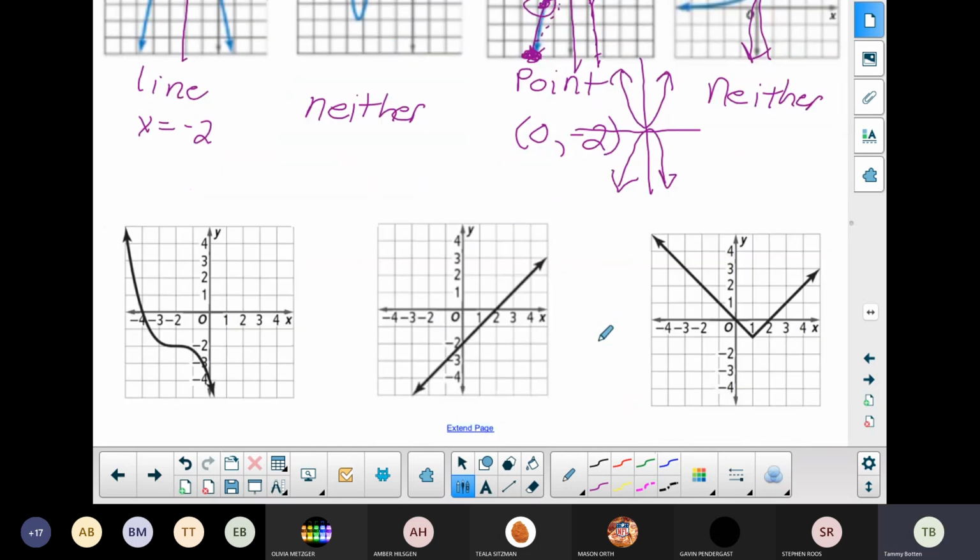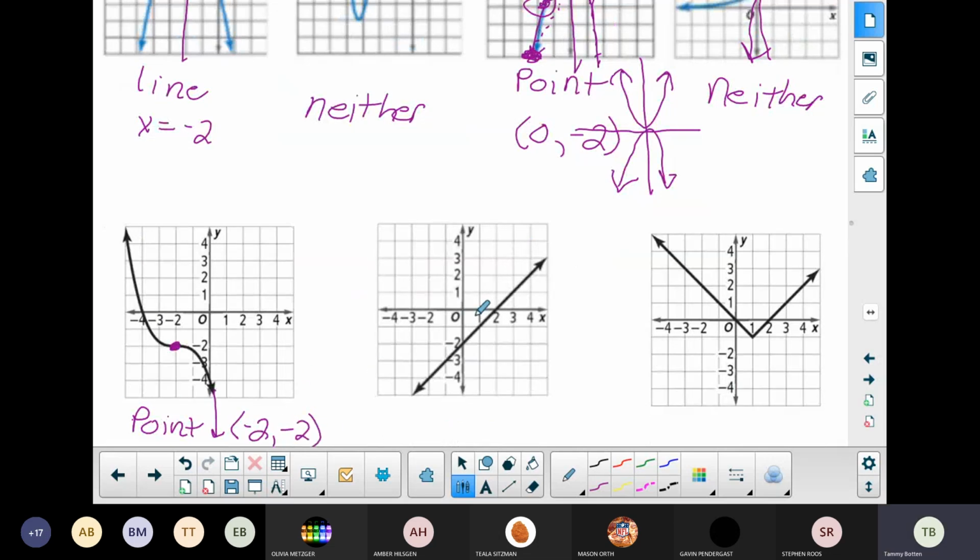Okay. So now down here, this one you kind of want to think of extending this line down here. This actually would have point symmetry. And the point symmetry for this would be at this point, which is (-2, -2).